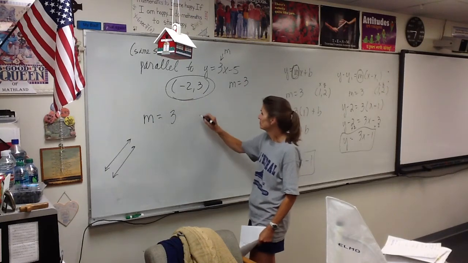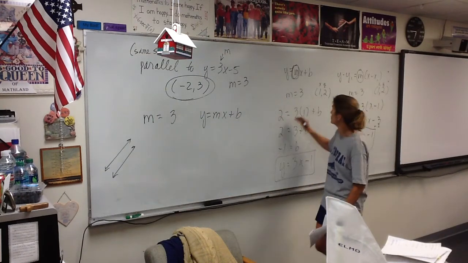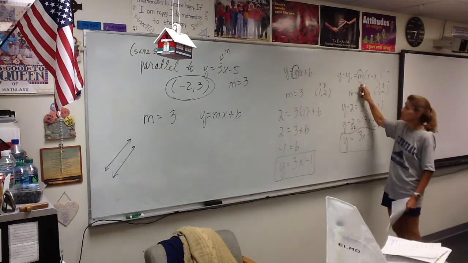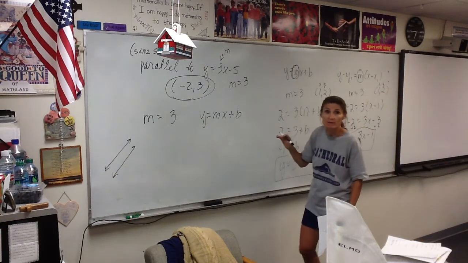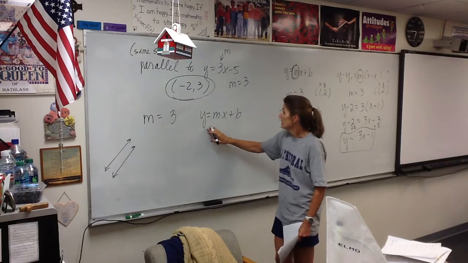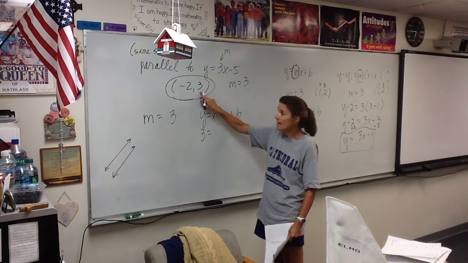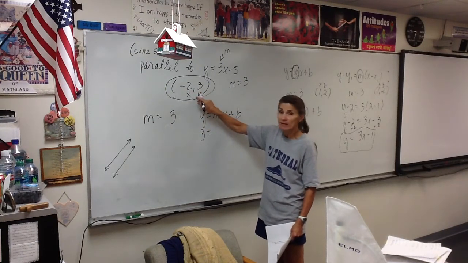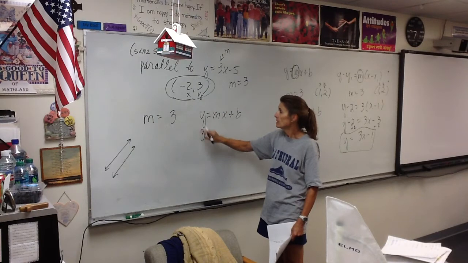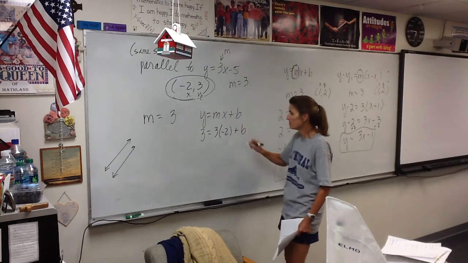Here we go. I don't care how you do it. You can do it either way. It doesn't make any difference. You can do it slope-intercept. You can do it point-slope. I'm going to do one of each. Y. Now look, the y happens to be the same as the m. Don't be confused. This is my x and my y here. That's the point they gave me. Y equals 3 times negative 2 plus b.